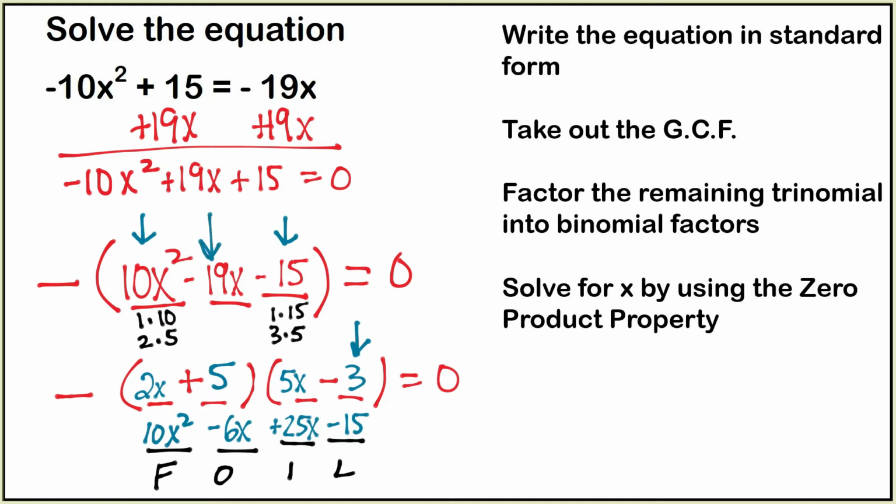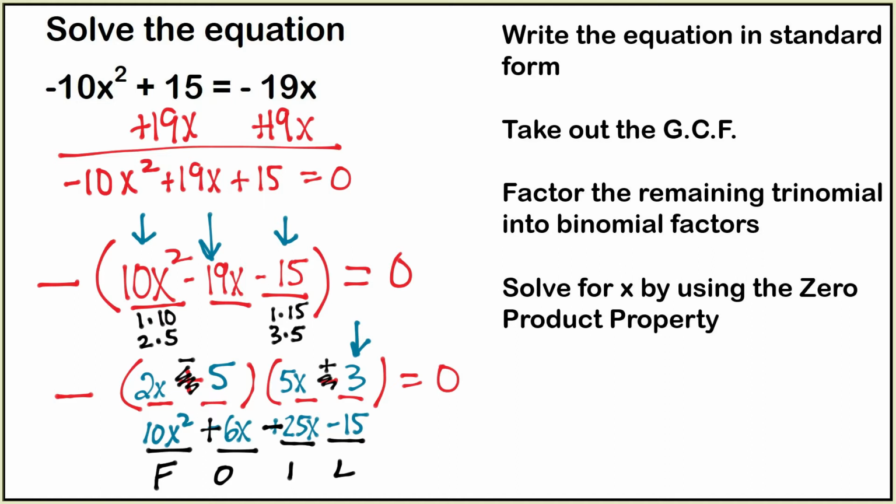So I think I know exactly what I'm going to do on this problem. I'm going to switch the signs. So I'm going to make this a negative 5, and I'm going to make this a positive 3. So now when I multiply my outers, I will have a positive 6x. And when I multiply my inners, I will have a negative 25x.